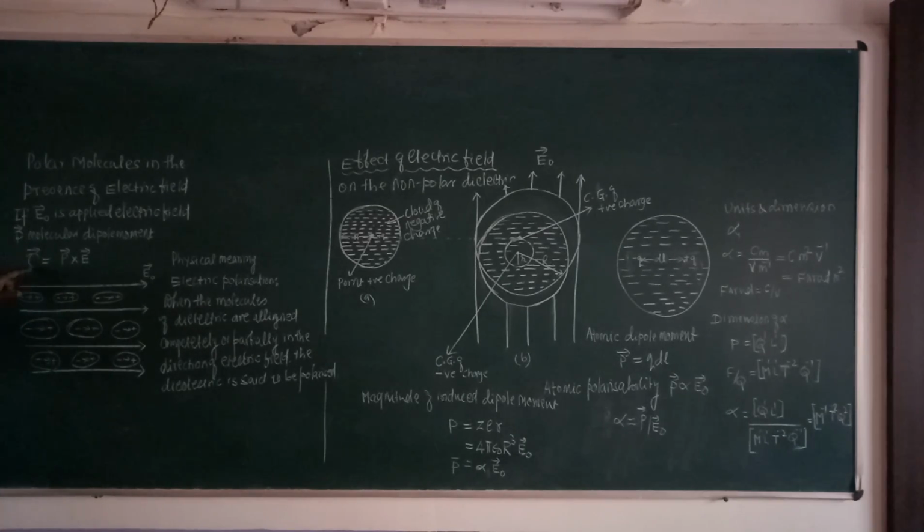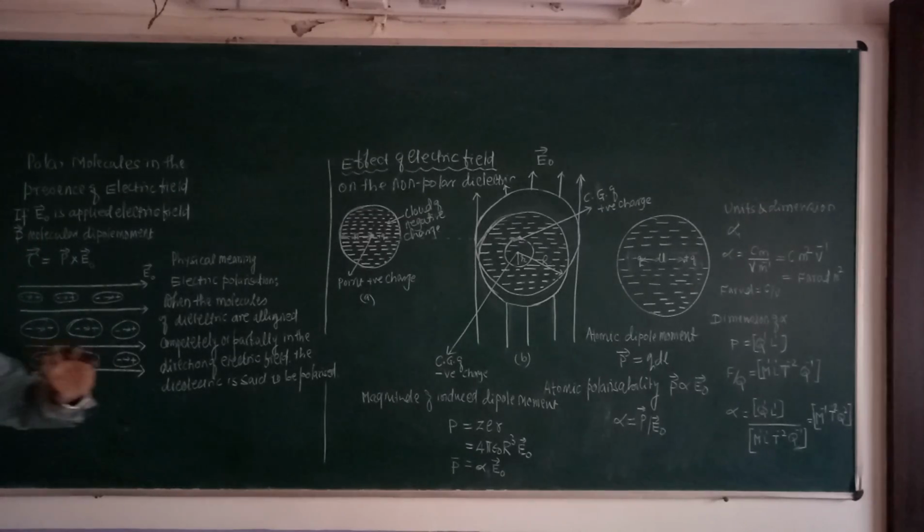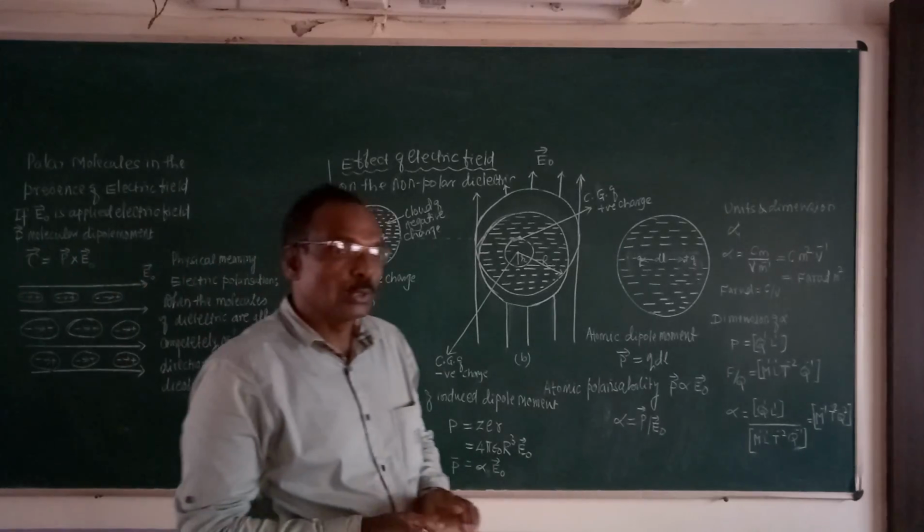A torque will be exerted on each molecule, and torque is equal to P cross E. P is the permanent dipole moment, and E0 is the strength of the applied electric field, or the electric field intensity. It's a cross product of two vectors, so it is a vector, and this torque is exerted on each molecule.